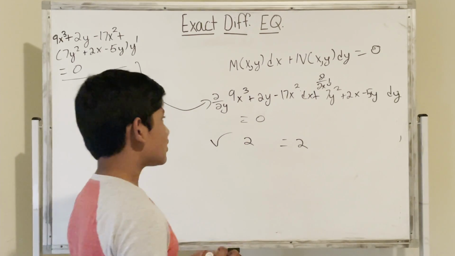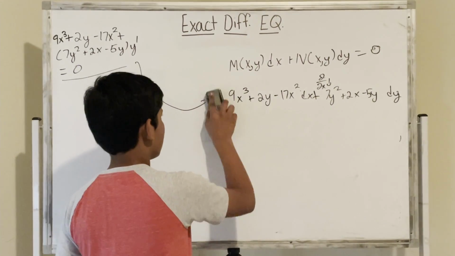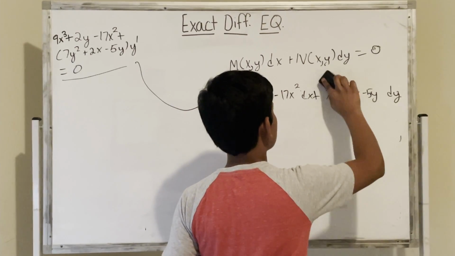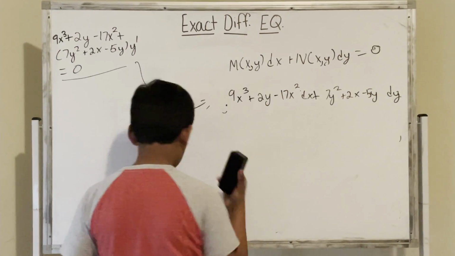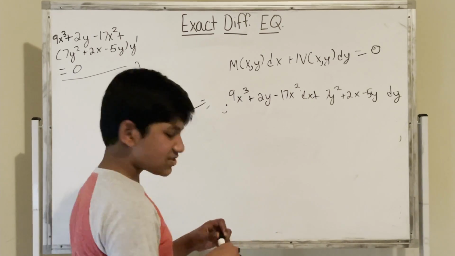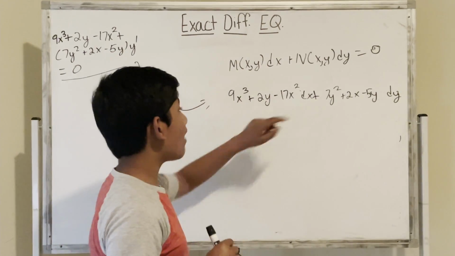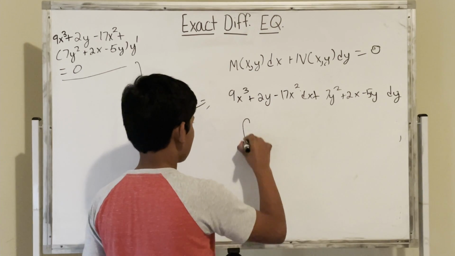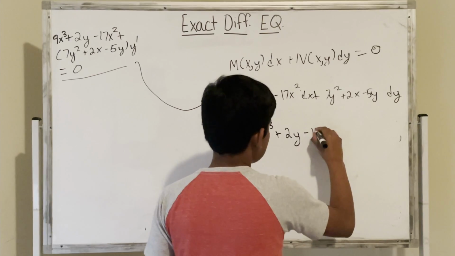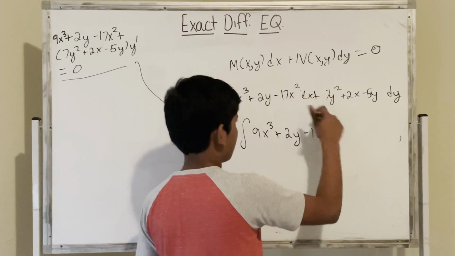So now we can actually use the method to solve this differential equation. We can erase this and actually now try to solve this. To solve this, first we're going to integrate M of x, y. So we're going to integrate 9x cubed plus 2y minus 17x squared, actually, because we wrote squared over here.